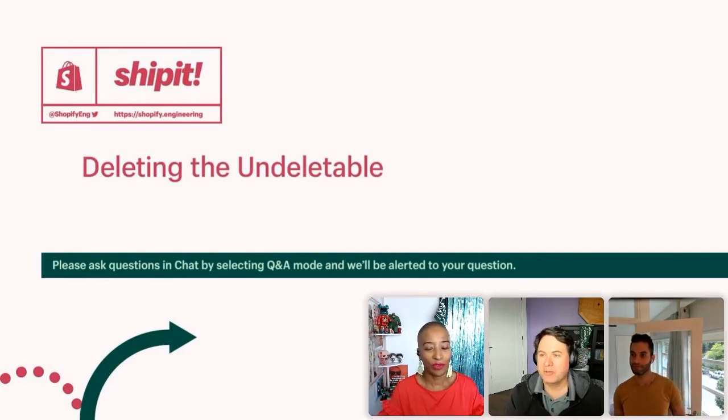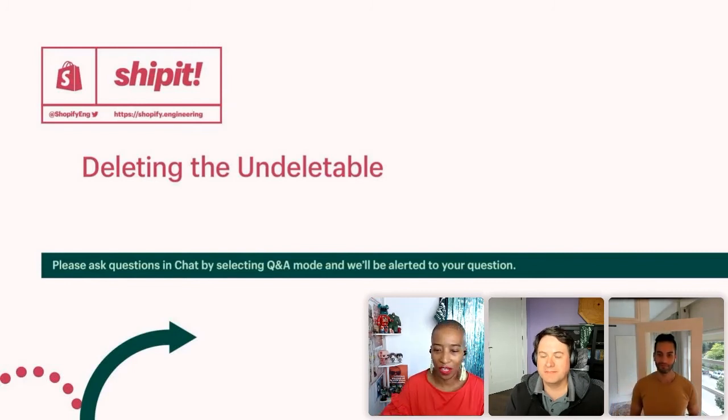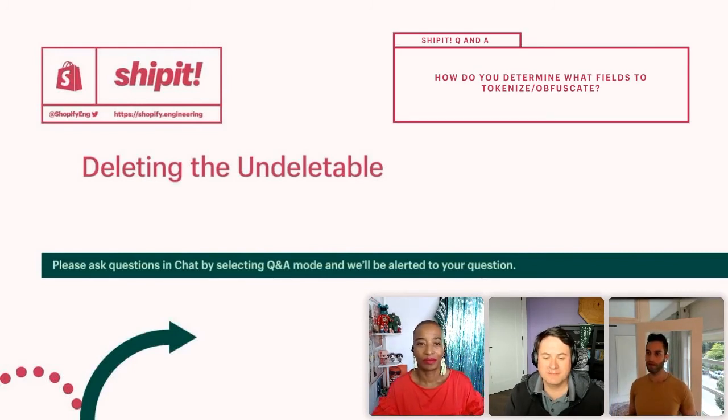How do you determine what fields to tokenize or obfuscate? Yeah, so when a new schema is proposed, we have a series of automated tests that try to figure out what is personal information and what is not. It's a combination of ML models and regular expressions for things that we have seen quite often in the past. This is the automated part that says, for example, hey, we think this is probably personal information, you haven't marked it.